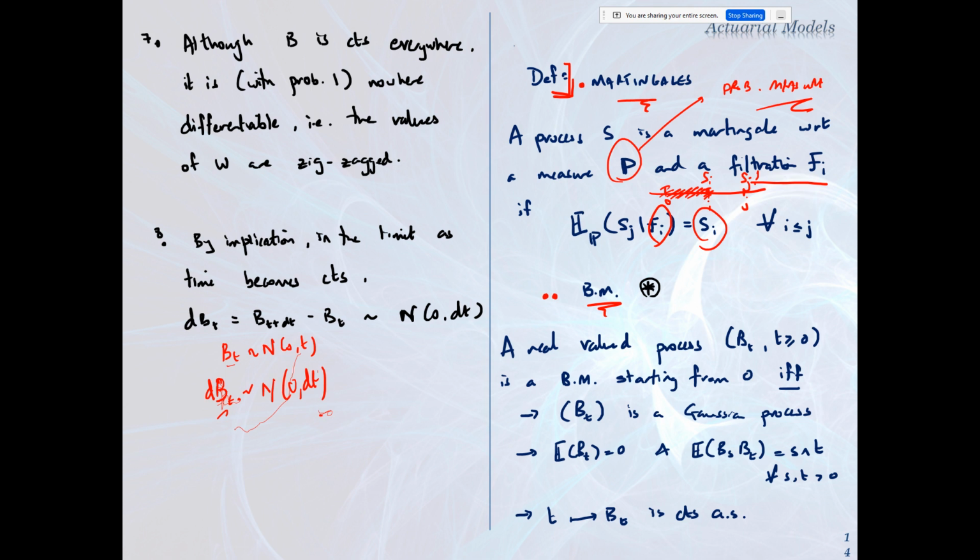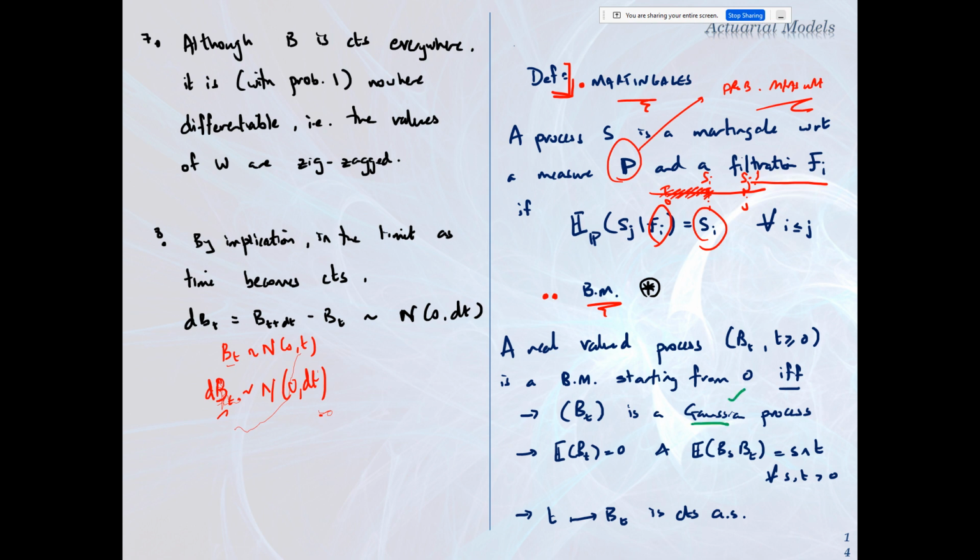Good. So this is another definition for the Brownian motion. A real valued process B_t is a Brownian motion starting from 0 if and only if... So here also it works in both directions. If we have these properties holding, we have a Brownian motion. If we have a Brownian motion, these properties will hold. So first property, it is Gaussian.